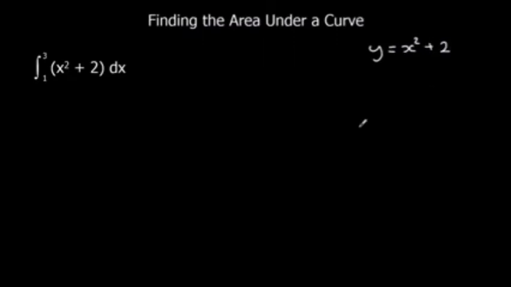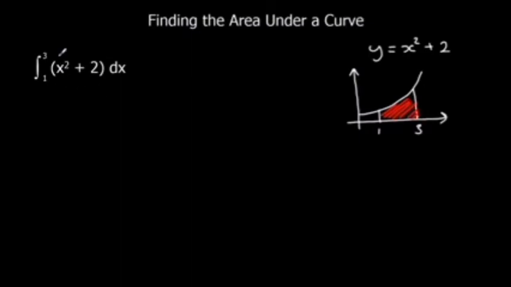Now we want to make a sketch of y equals x squared plus 2, because we could be given the question in the form of a diagram, in the form of a curve. You can see a Cartesian plane on the screen. I have the limits between 1 and 3. We have to find area under the curve between limits 1 and 3, and that's what we can also call boundary. What did I call it? We can call it boundary.